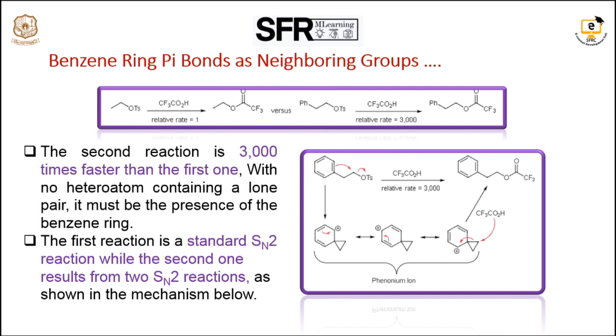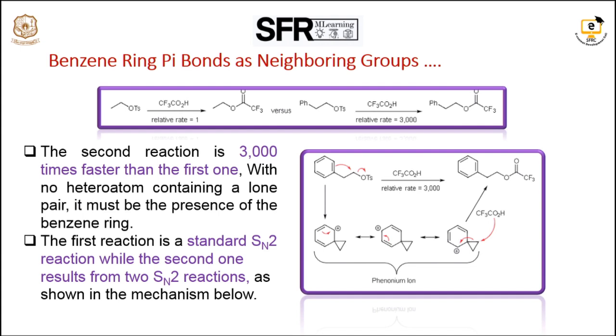But see the other reaction, which has a phenyl ring substituent, and that phenyl ring has pi bonds in its structure. That pi bond participates as a neighboring group and drives the OTs group to leave the molecule easily. So the relative rate is increased to 3000 times faster than the first one.